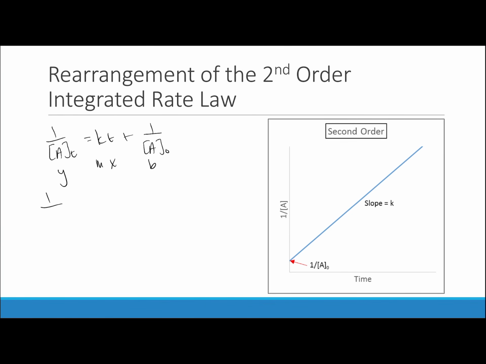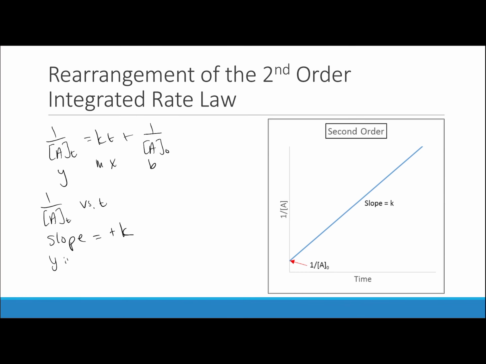So if we plot 1 over A at time t versus time, we get a linear relationship. So for a second order process, 1 over A versus time is linear. And with that, we get a slope that is equal to a positive k. So not a negative like we saw with the first order process. We have a positive k as our slope.